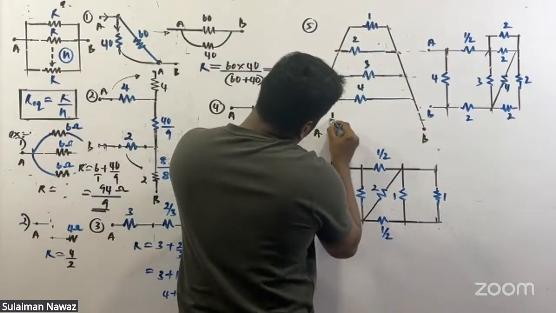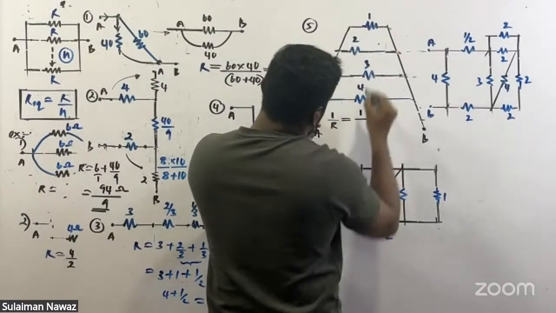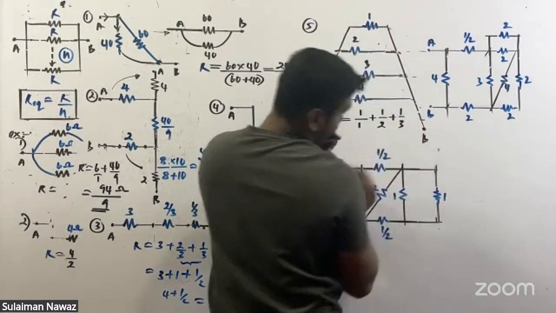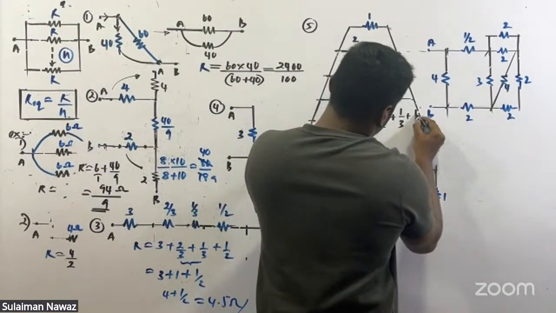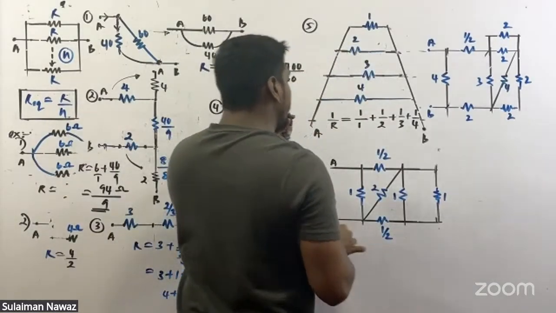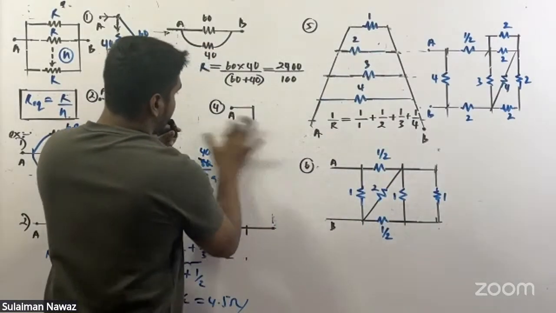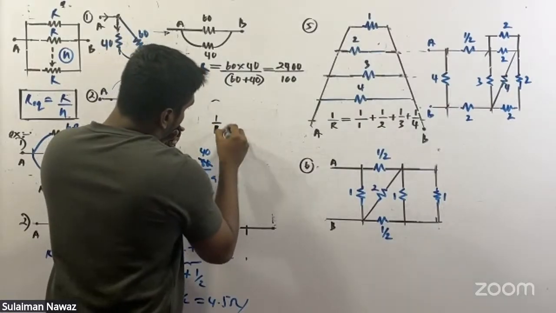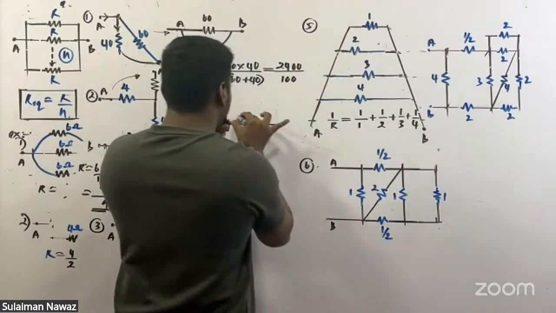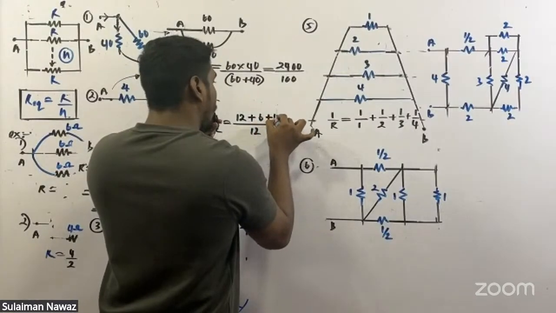So 1 over R going to be equivalent to 1 over 1 plus 1 over 2 plus 1 over 3 plus 1 over 4. So you're going to simplify. When you simplify, common denominator going to be 12. So 1 over capital R must be equal to 12 over... here it's 12, here it's 6, here it's 4, here it's 3.